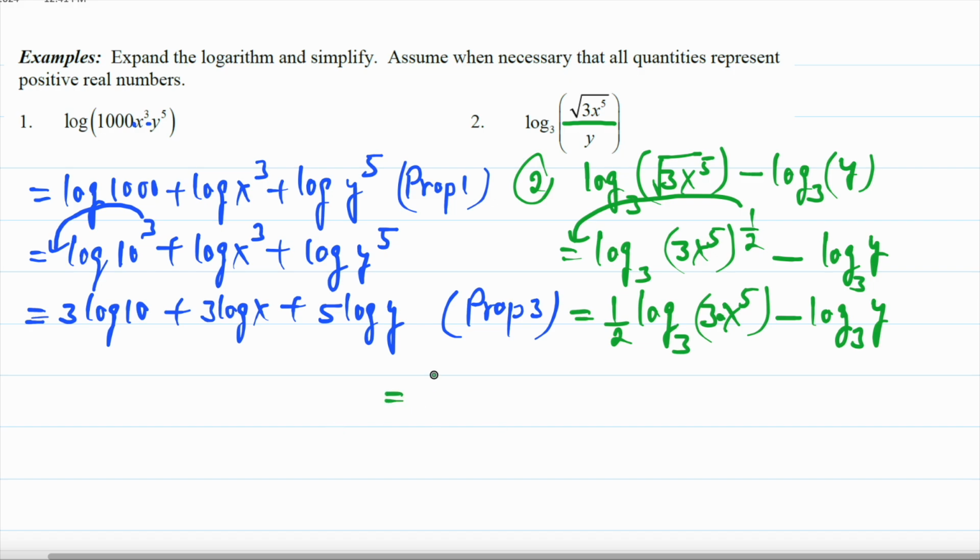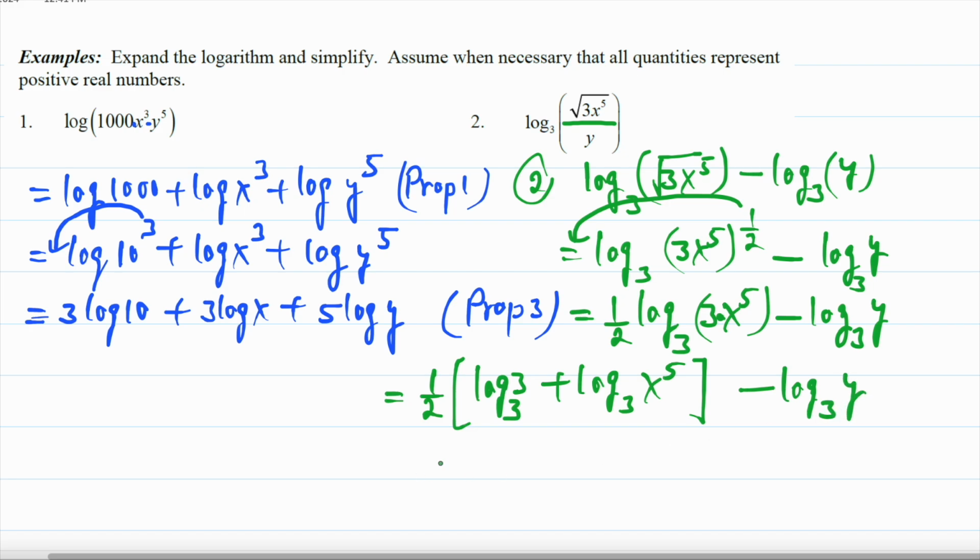So in the next step, 1 over 2 will be outside. I'm separating them by log base 3 of 3 plus log base 3 of x power 5 minus log base 3 of y.